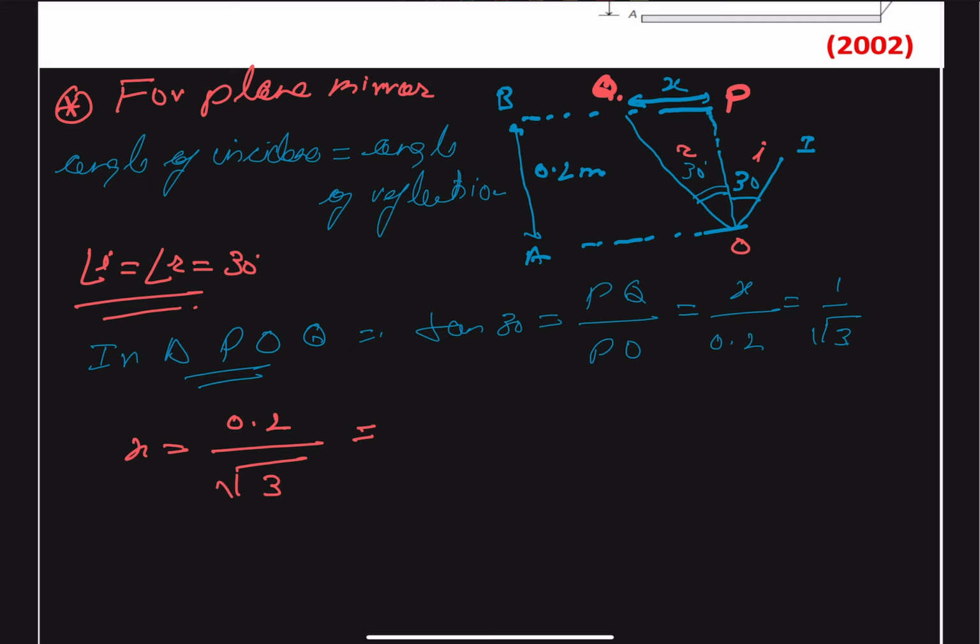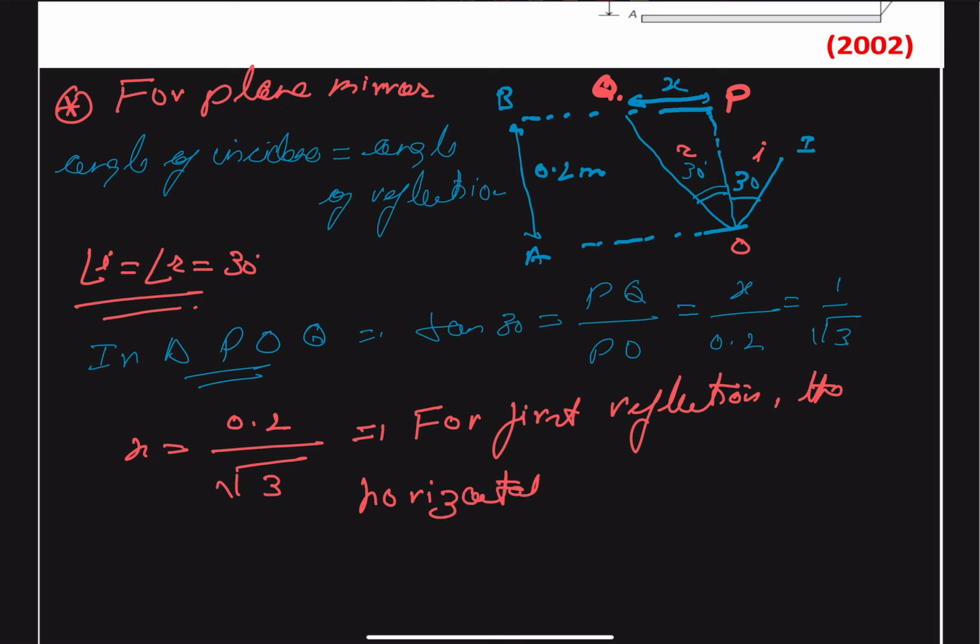So it basically means for the first reflection, the horizontal distance covered is 0.2 by square root of 3.